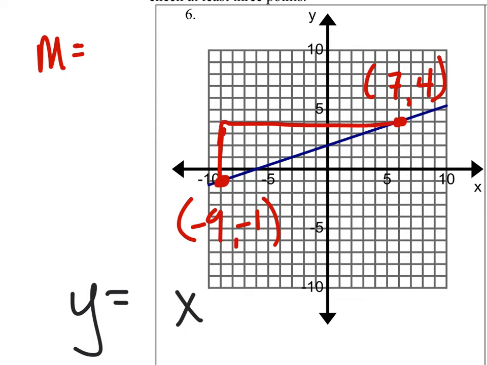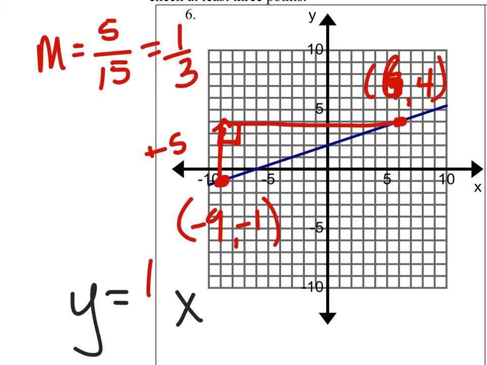For this one, it looks like I would go up 5, so that's my numerator, up 5. And it looks like I'll go to the right, 9. Oh, that's a 6, by the way. Sorry, counting's hard. So that's 15. Well, I can simplify this into 1/3, so that is my slope. And that's what I have so far.